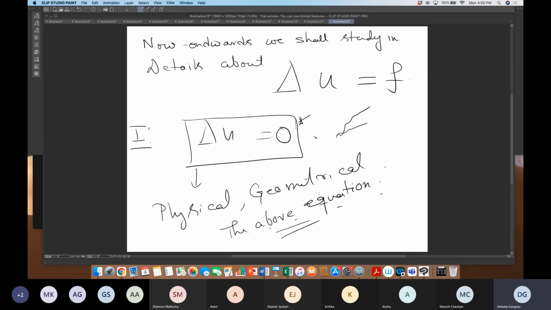Also in differential geometry you will see this type of equation arise. Now we will study in great depth the properties of Laplacian u equal to 0. Is that clear?